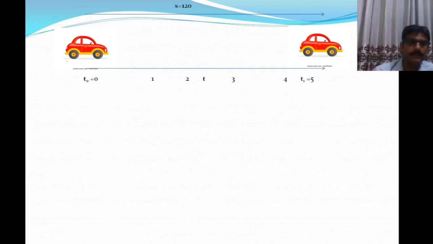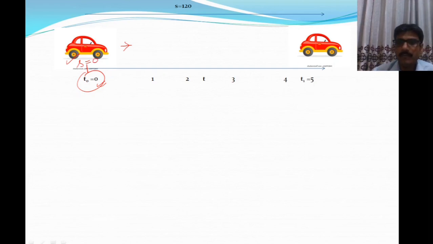Suppose we have a car and it is moving in this direction. At any instant, or we can say time t0 equals 0, the car is here. So the distance we can fix here, s is equal to 0.